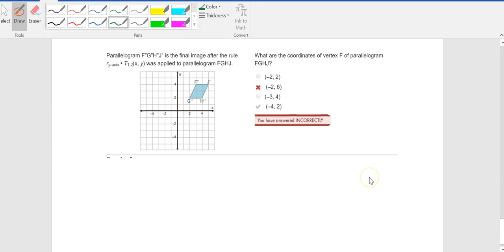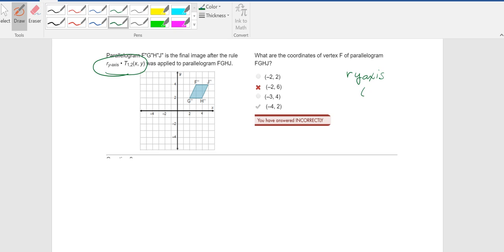All right, and our last problem says you have a parallelogram F double prime, G double prime, H double prime. It's the final image after the rule that was applied. It says, what are the coordinates of vertex F of the parallelogram? So again, we want to go backwards. That means the first thing we want to do is reflect across the y-axis.